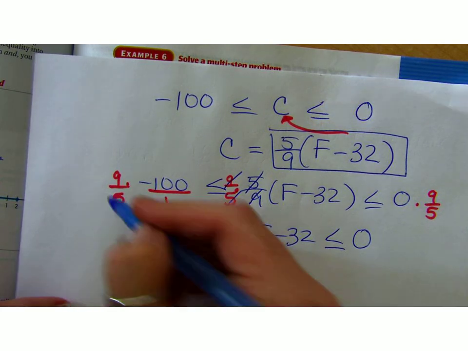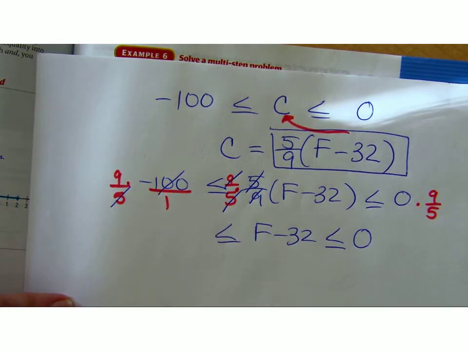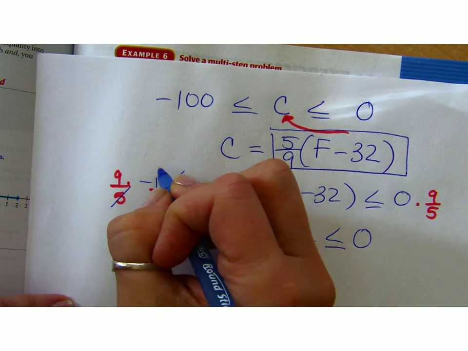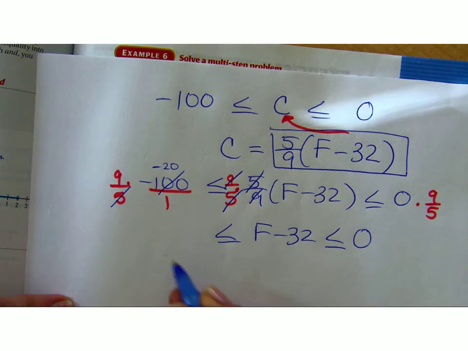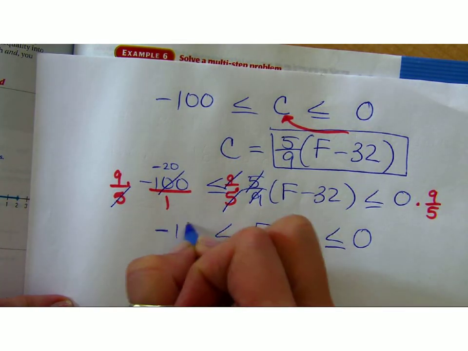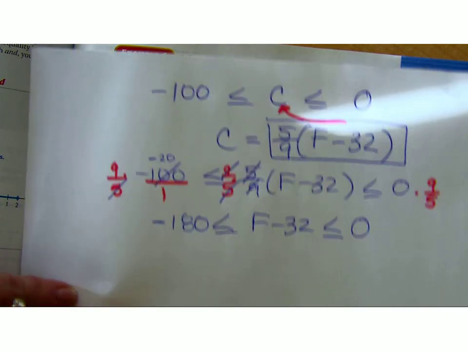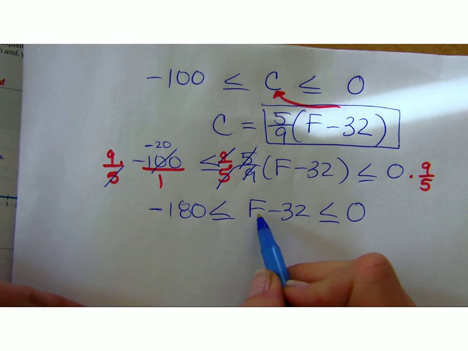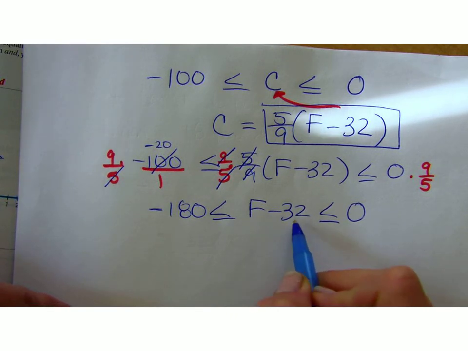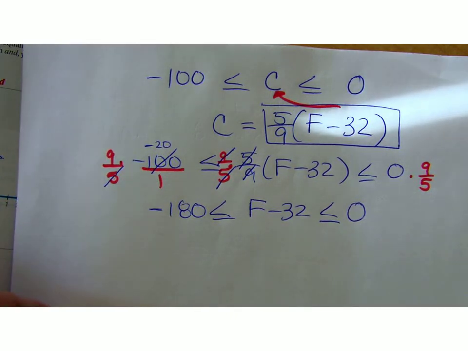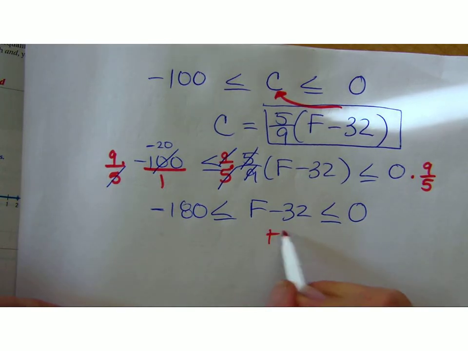5 fits into 100 how many times? 20. Don't forget it's negative. And 9 times negative 20 is negative 180. Now I'm almost home free. I just have to solve for Fahrenheit, which means I have to do what now? Add 32 to both sides.